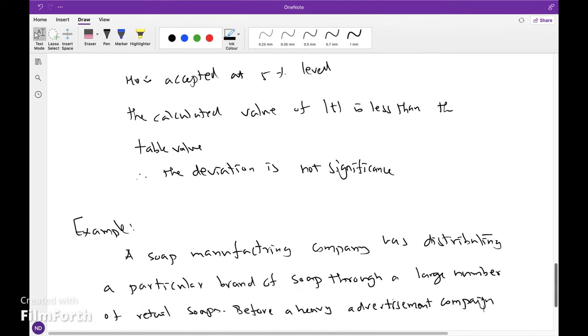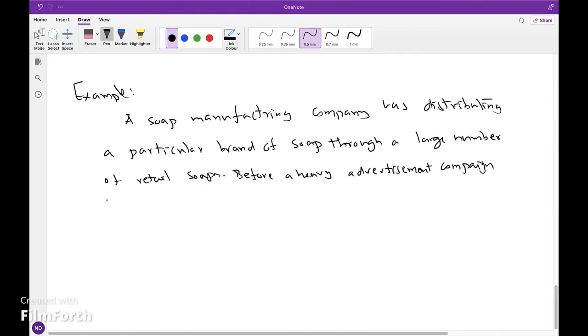The mean sale per week per shop was 140 dozens.